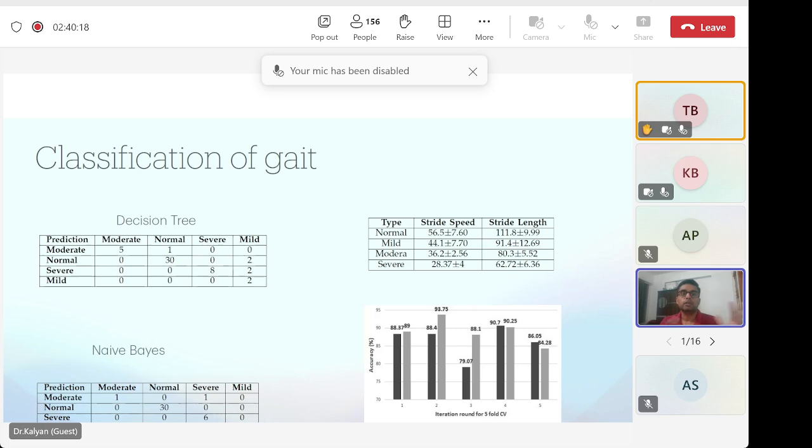So I've tried to cover this spectrum: healthcare, societal impact work. We are working on a healthcare device which has a lot of potential in society, particularly primary healthcare centers, to collect data which is not there at all. That could really help in creating a repository or database of patients with different gaits.